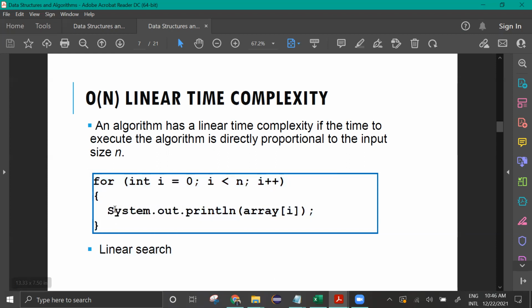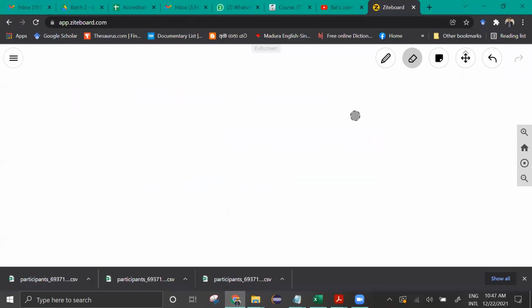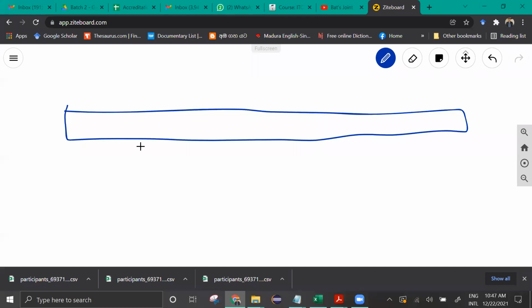In linear search again, you have to search. If our value is equal to the current value... Suppose we are searching for 35 and 35 is at the 0th index. Then with one step we have found the value.